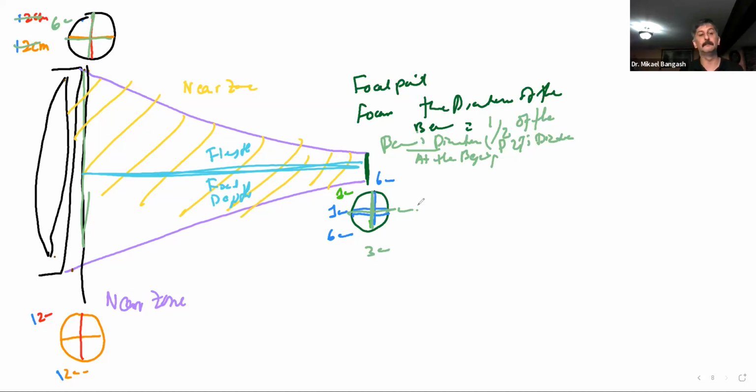How did we get that? Mainly because the diameter of the beam at the level of the source was 6 centimeters. Did that make sense?